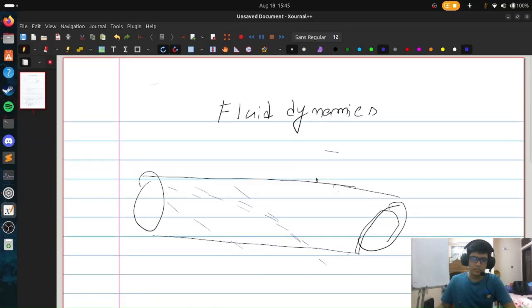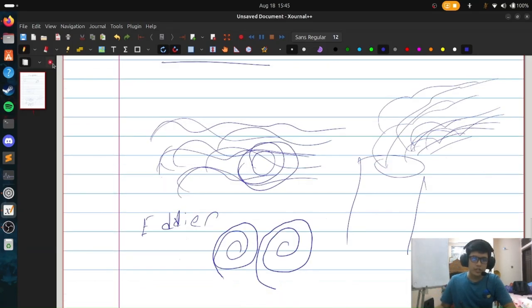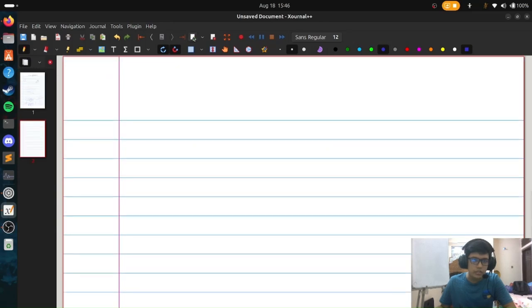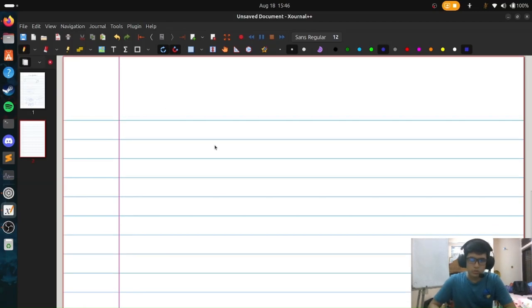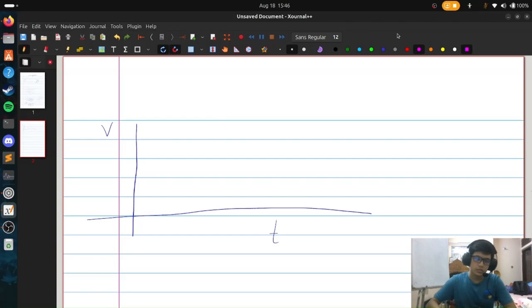Now let's talk about something graphical. I want to add another page here. Now let's talk about the graph: velocity with respect to time. First, laminar flow.